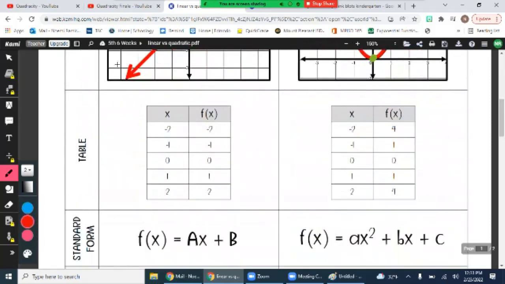If you're increasing it at a constant rate, that means you're earning the same amount every single time. So how do I go from a -2 to a -1? +1. What about a -1 to 0? +1. And 0 to 1? +1. 1 to 2? +1.